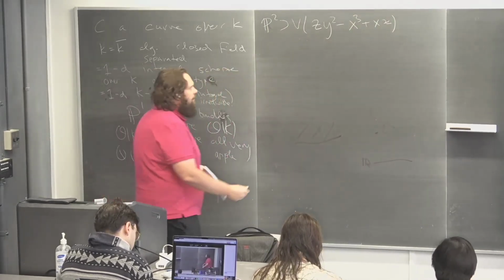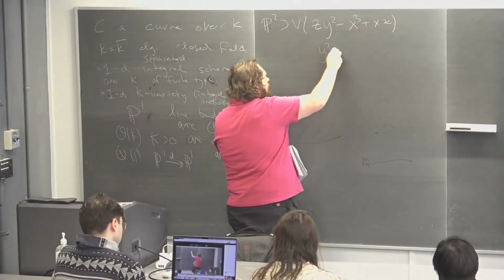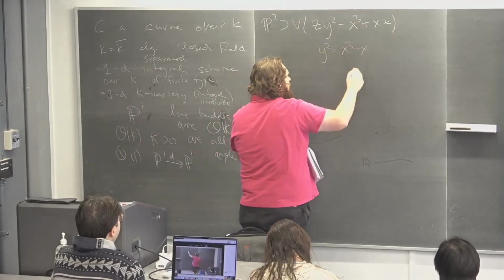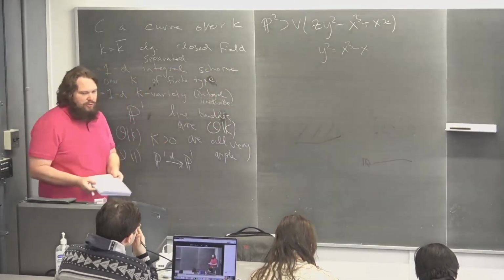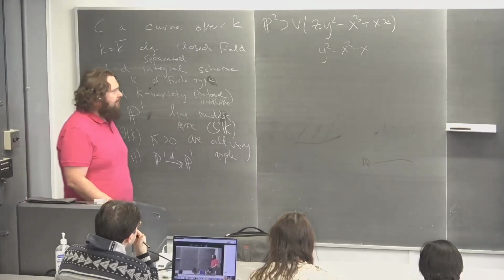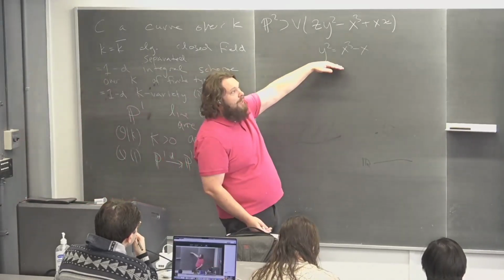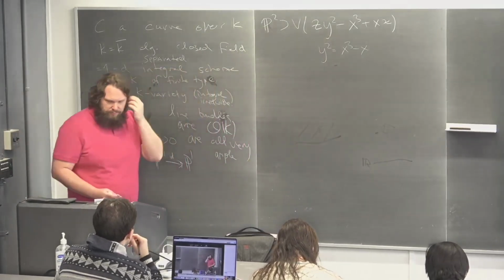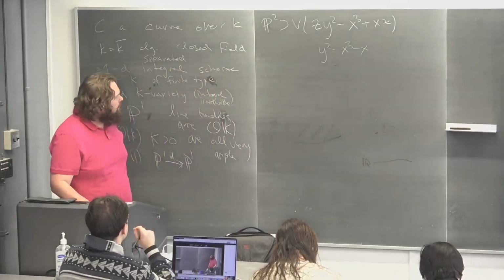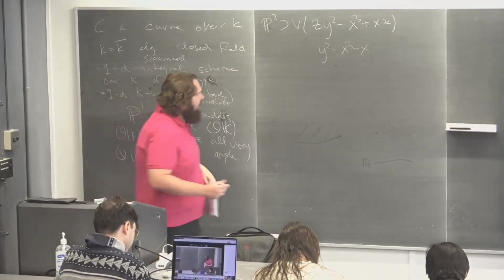Usually people would write y squared equals x cubed minus x, and putting the z in here makes this homogeneous. So I'm taking the closure of this guy in P2. This would give me a curve inside A2, and now I'm taking its projective closure.